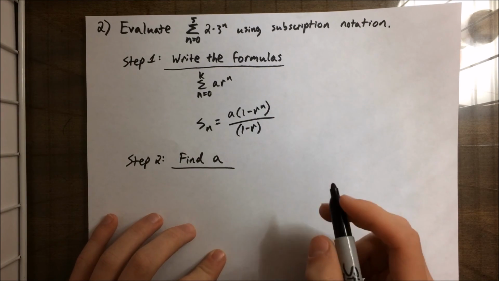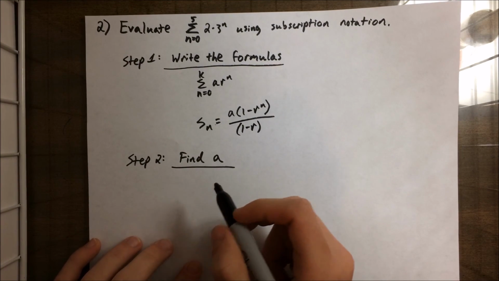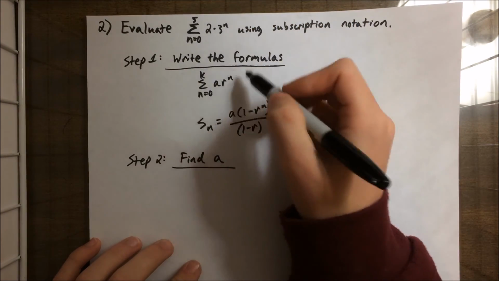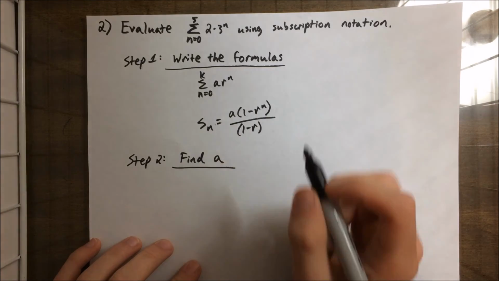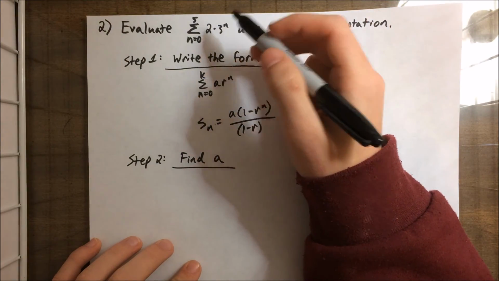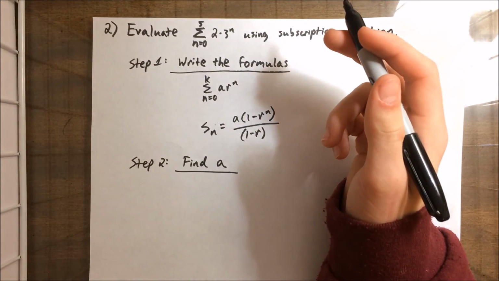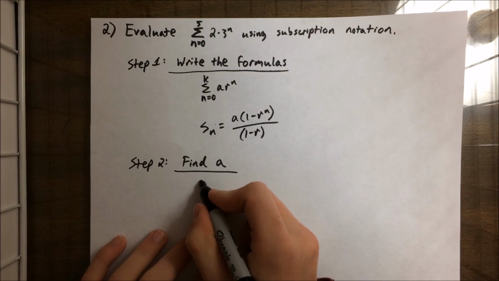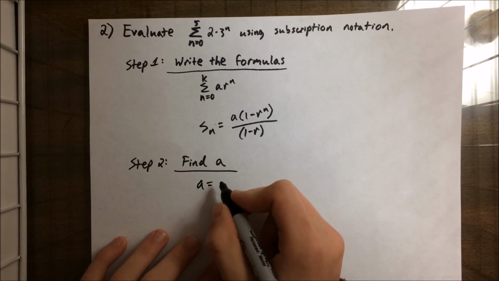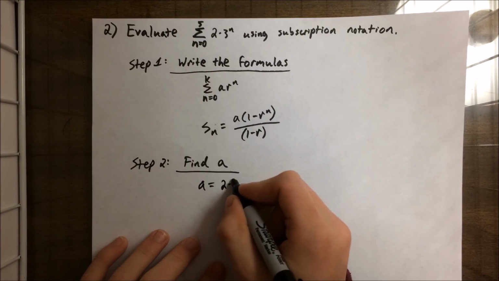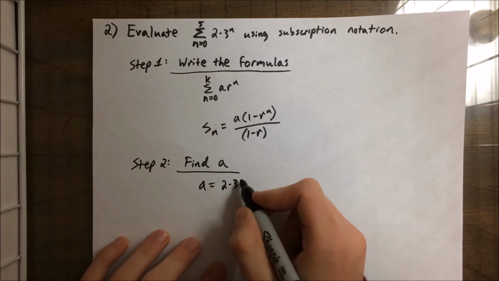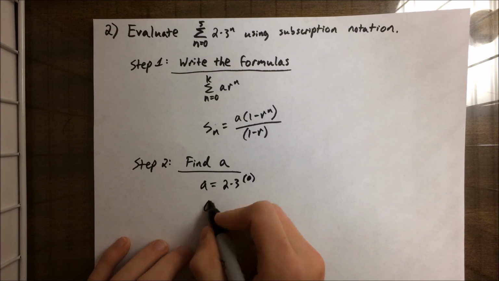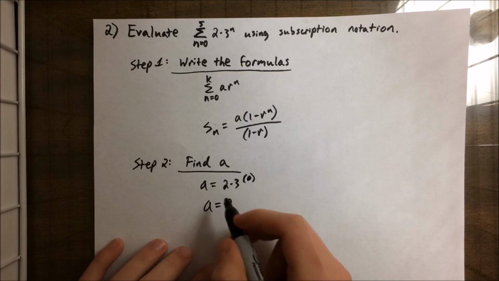Okay, so then step 2 is to find a. You could just look at your formula, but I'm going to plug in the numbers to help you find it. So a is equal to 2 times 3 to the 0, since you're starting at 0. So therefore a is equal to 2.